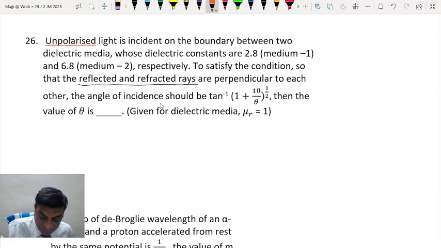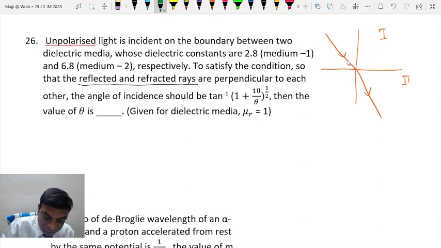So that means this is medium 1, this is medium 2. This angle should be equal to the polarizing angle. Only then should the angle of incidence be equal to the polarizing angle. Only then will the reflected ray and the refracted ray be at right angles to each other.